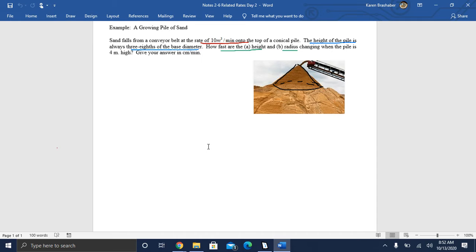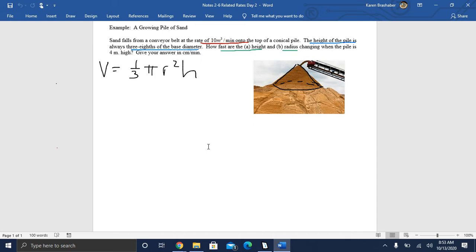First of all, you're going to need to know the volume formula for a cone. That is volume equals 1/3 pi r squared h. You should first think ahead.